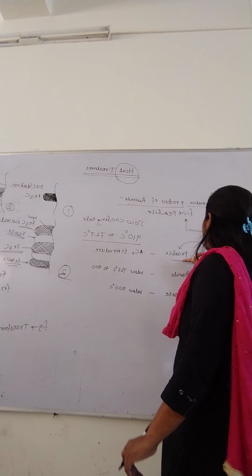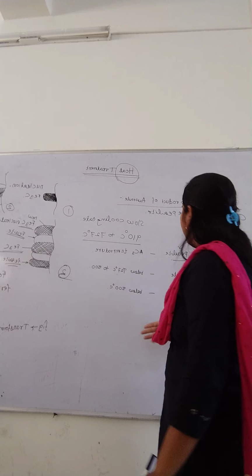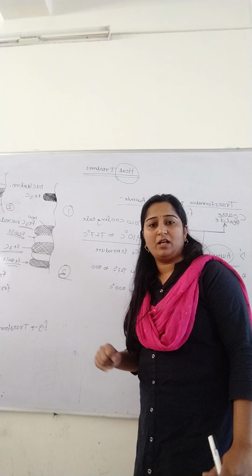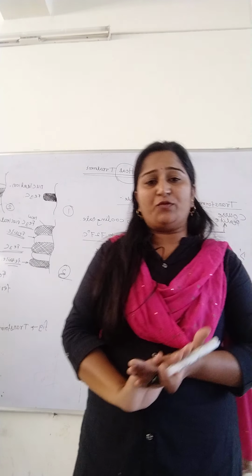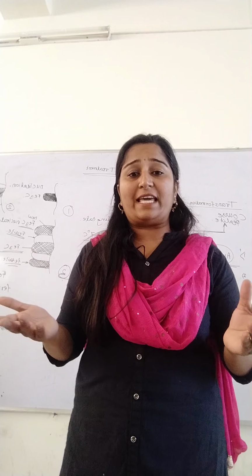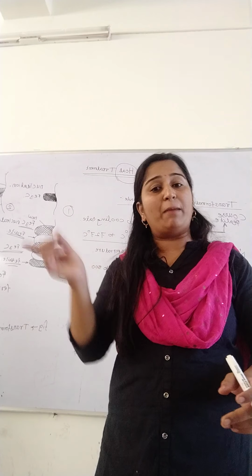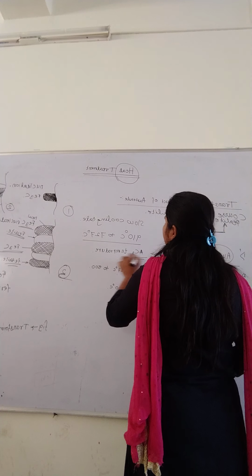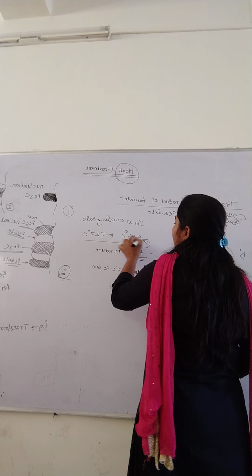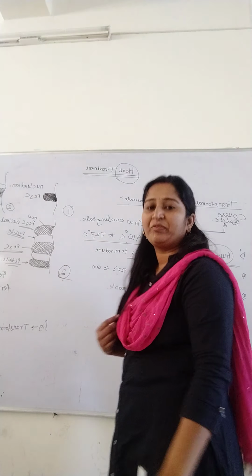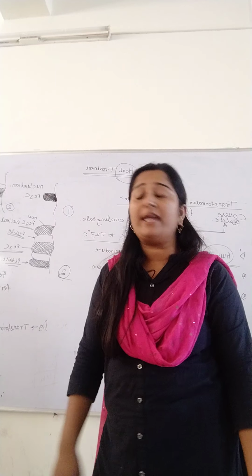Going one by one, first is the austenite to pearlite transformation. This transformation happens at the AC3 temperature. Now, what is the AC3 temperature? If we remember the iron carbide diagram, the AC3 temperature range, 910 degrees Celsius to 727 degrees Celsius, is called the AC3 temperature.